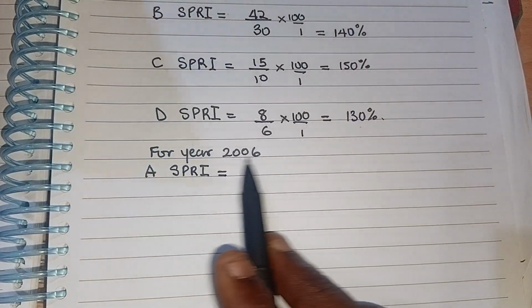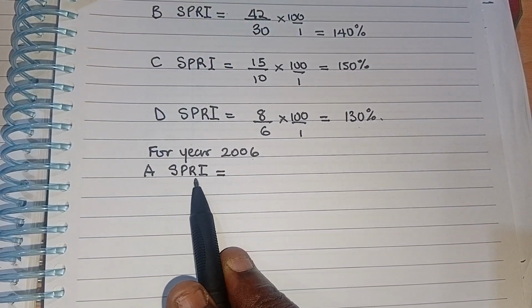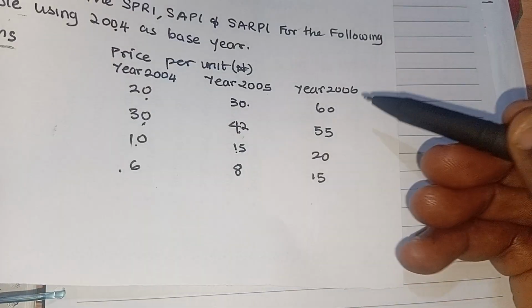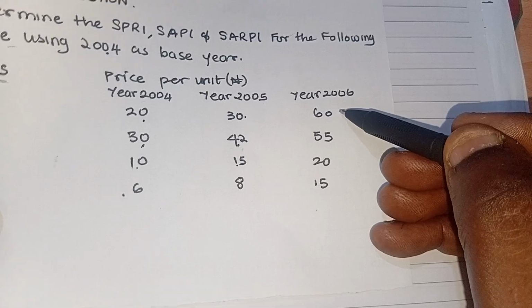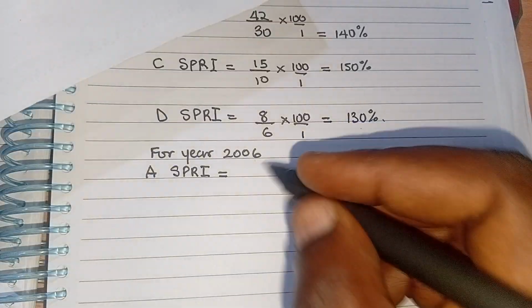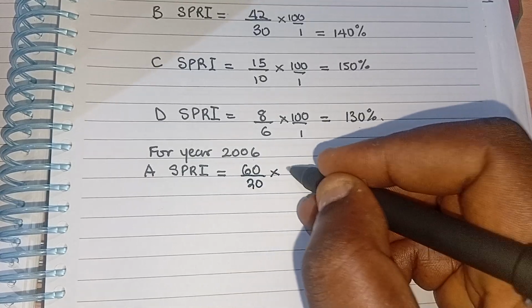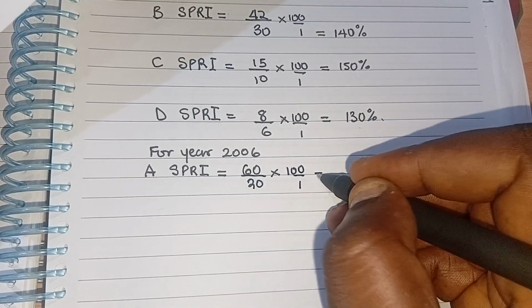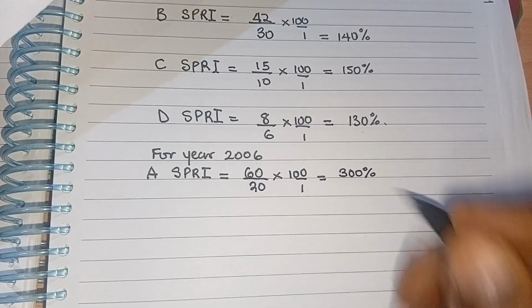So for 2006, the SPRI for A, you take 60 as the current year price. It will now be 60 divided by 20 multiplied by 100 all over 1, and that will give 300%.